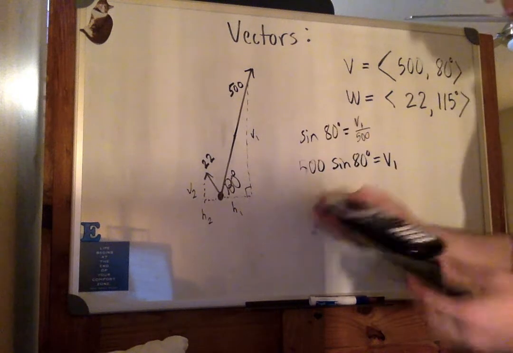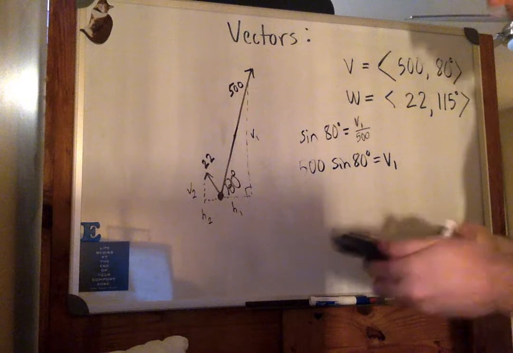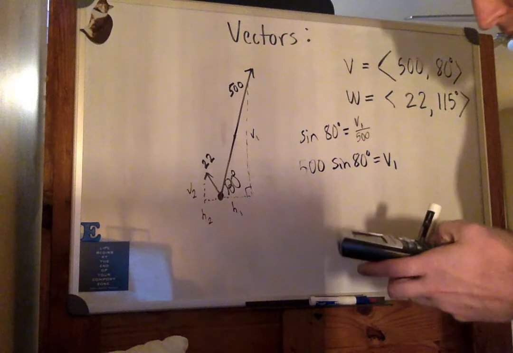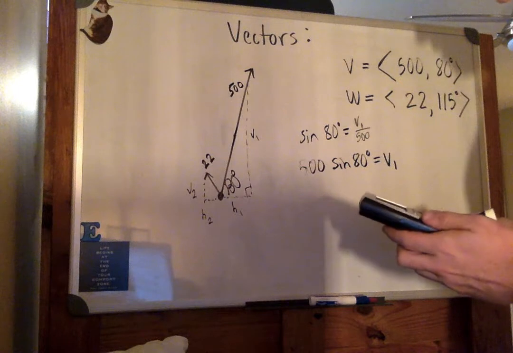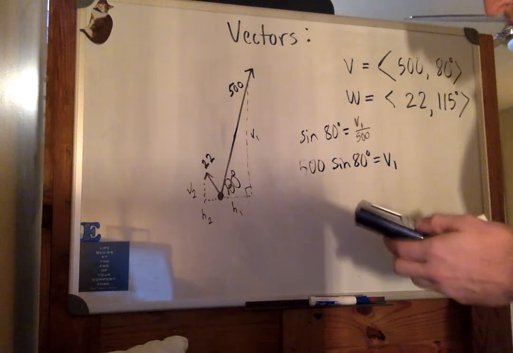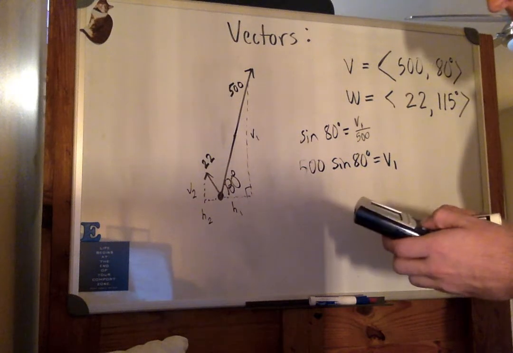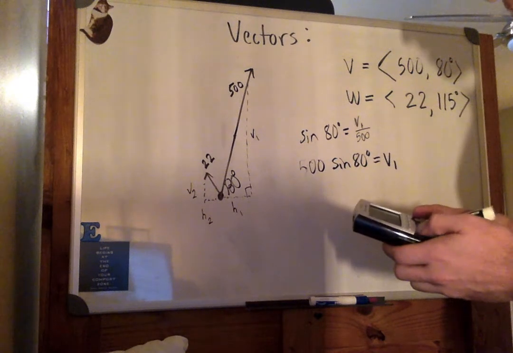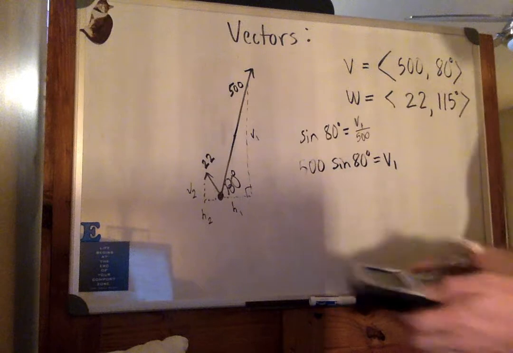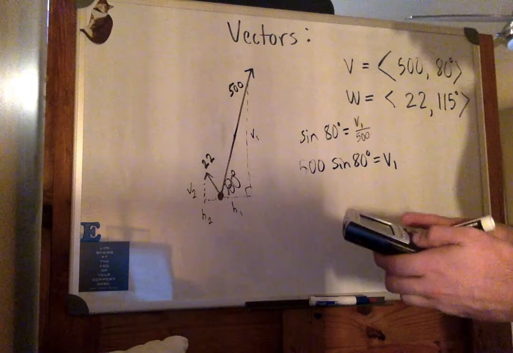Use your calculator for this moment. So 500 times the sine of 80 degrees is... I'm in radians, aren't I? It came out negative, which surprised me because this seems to be a positive vertical thing, and that's how I knew I was wrong.